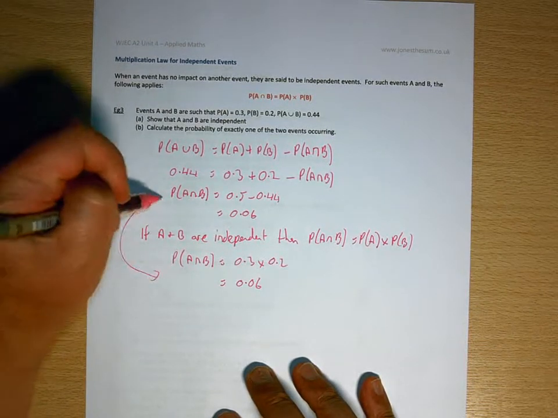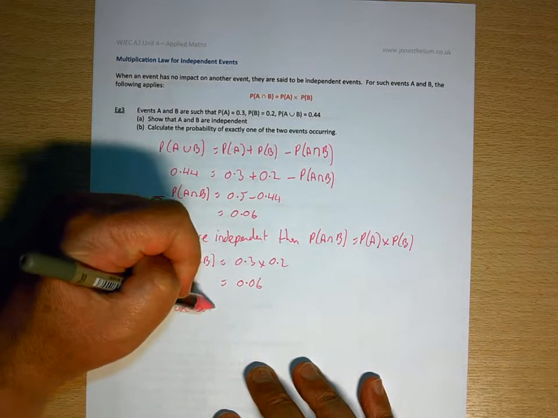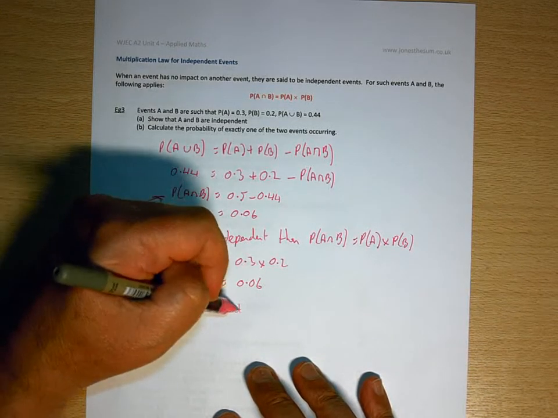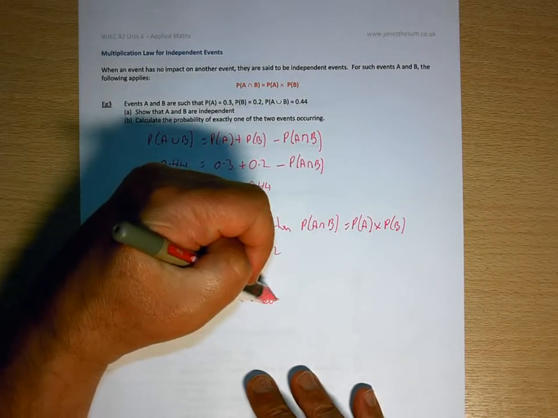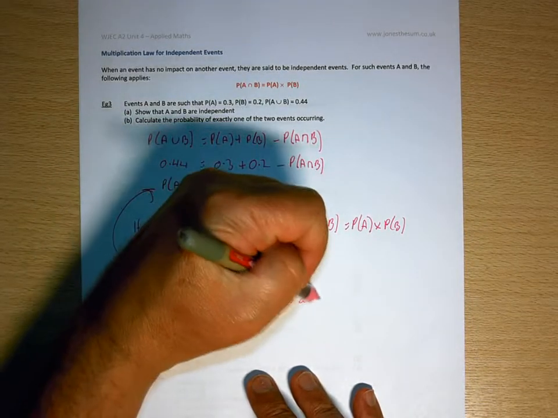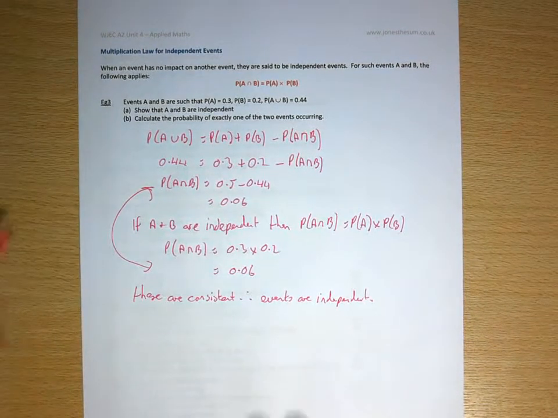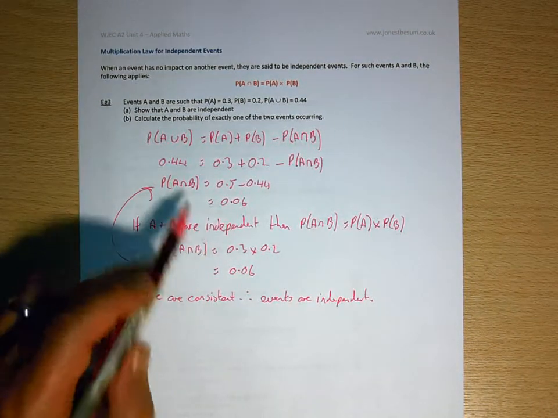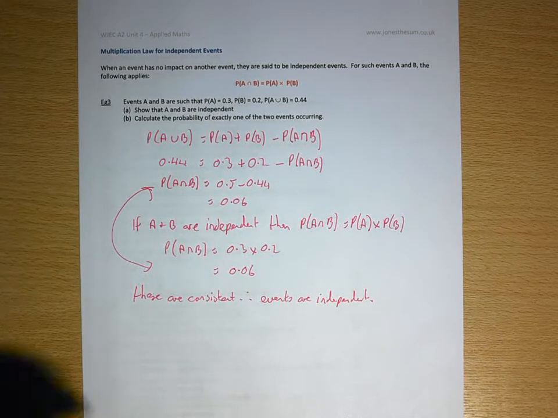So these are consistent. Therefore, events are independent. If those worked out to be different numbers, then the events wouldn't be independent.